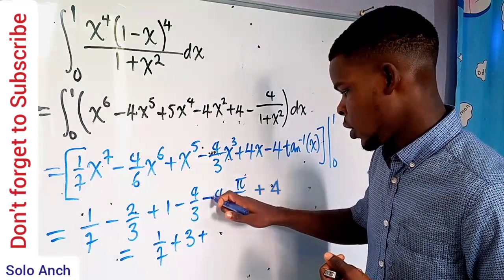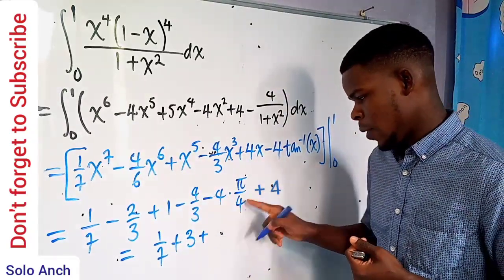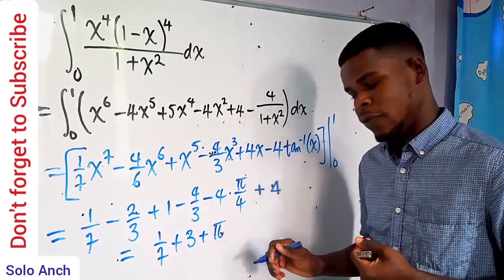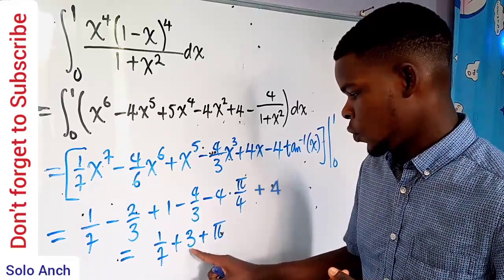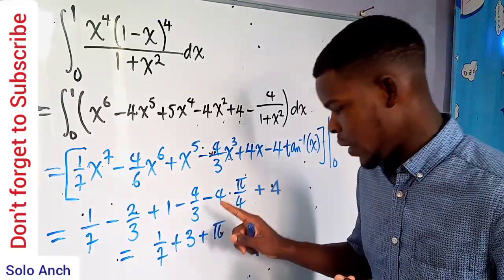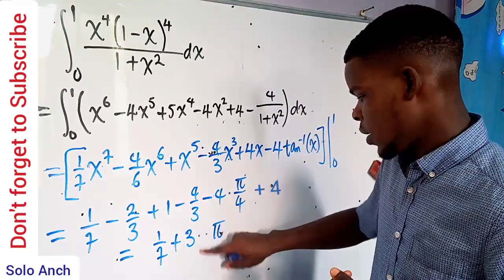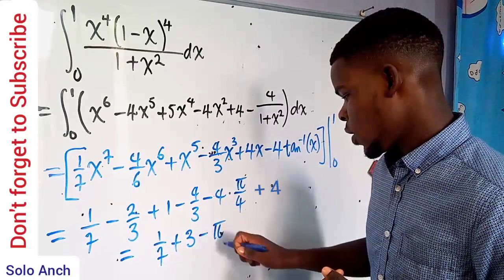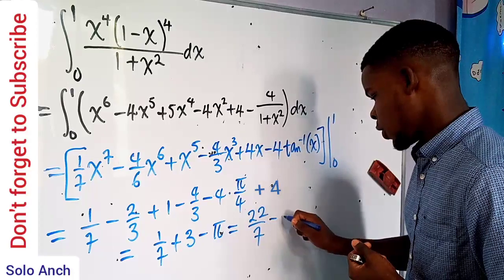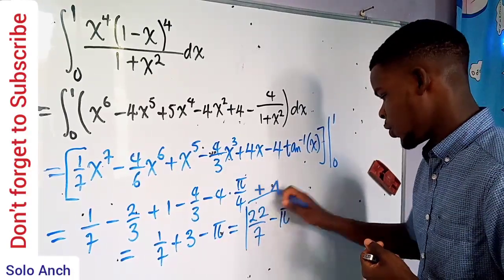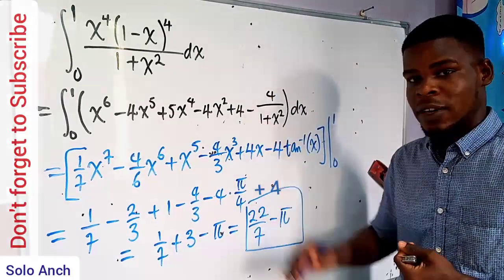That will be pi, 4 will cancel out with 4. So 1 over 7 plus 3 will give us 21 plus 1, that is 22 divided by 7. So this is going to be 22 over 7 minus pi. This is the result we get after evaluating this integral.